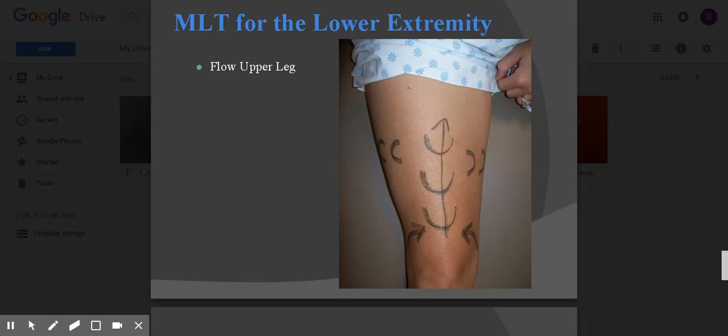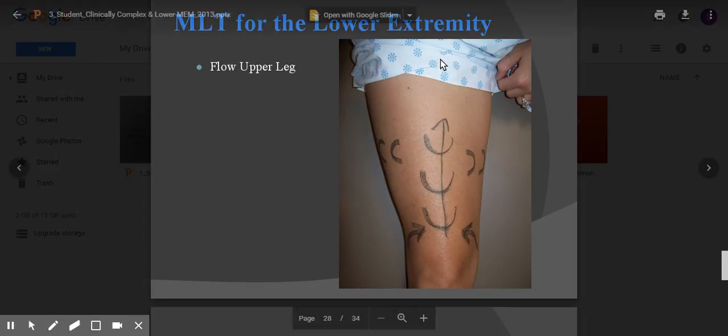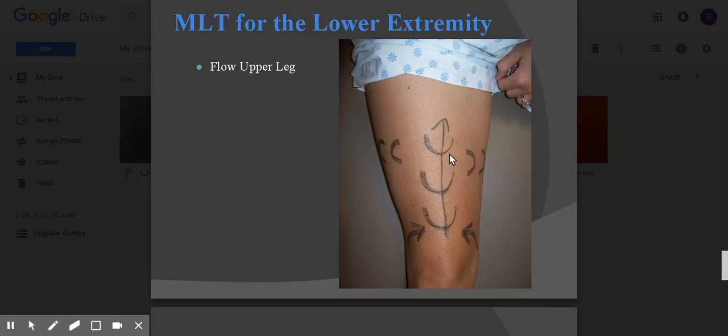Again, we will do a demonstration of this in class, and I will show you some of the techniques based on the size of the person's leg, how it is we then clear and flow some of the lateral aspects of the leg. But picture this segment from the knee up to the inguinal area as the interstate or the superhighway of where we want the fluid to be traveling, and encouraging all the fluid to go into that area.